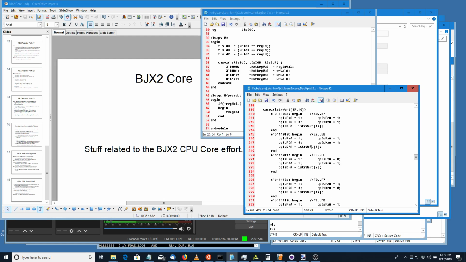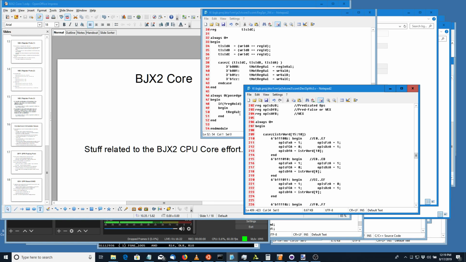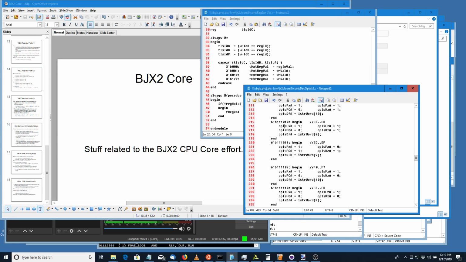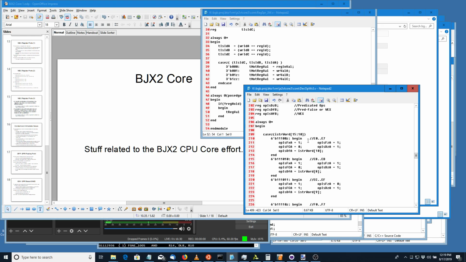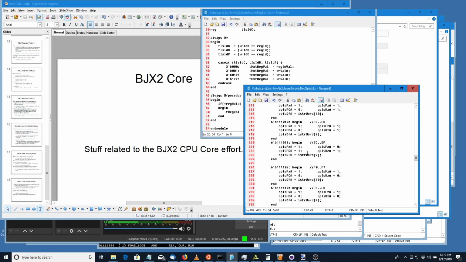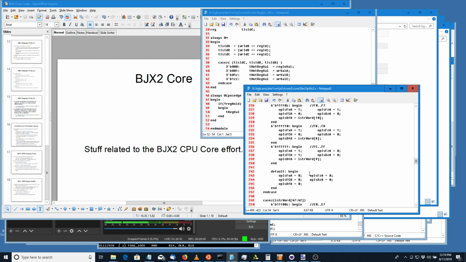A bunch of the actual work going on here is logic to figure out what we're looking at: whether it's a predicated op, a larger op, or just a 16-bit op.